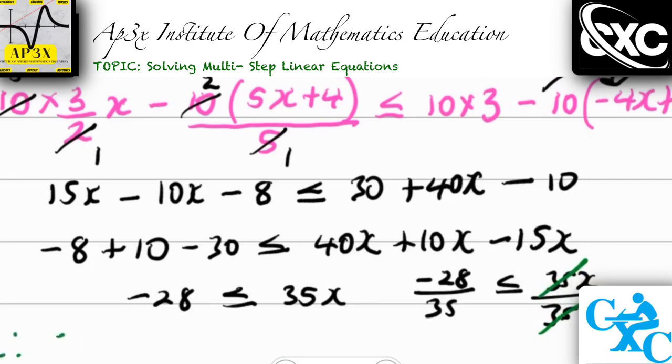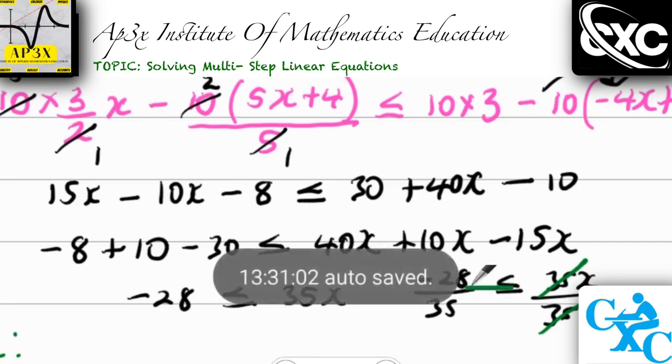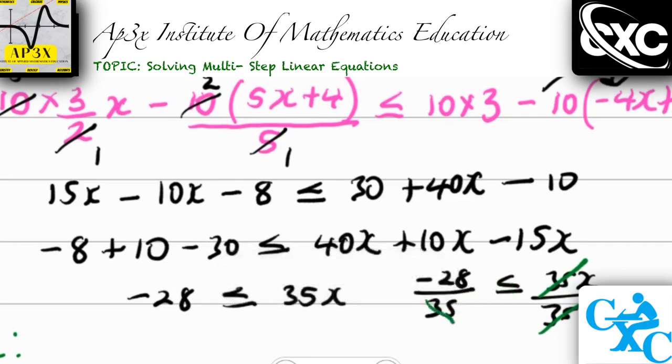Therefore our final result is x is in fact, let's just write it accordingly. So we can cancel the 28 and the 35. 7 goes into 35 5 times. 7 goes into 28 4. So we have negative 4 over 5 is in fact less than or equal to x. And that is our final solution then.